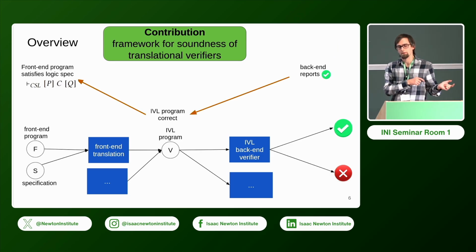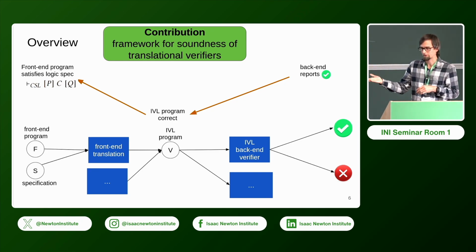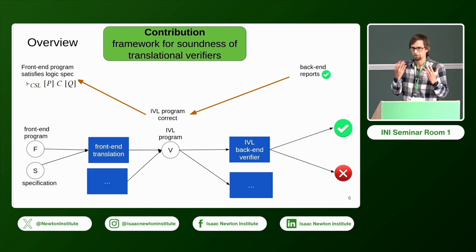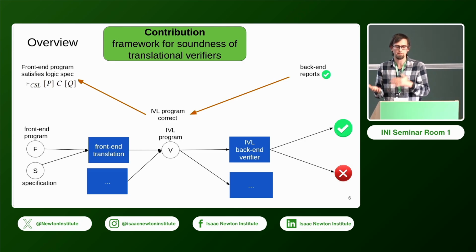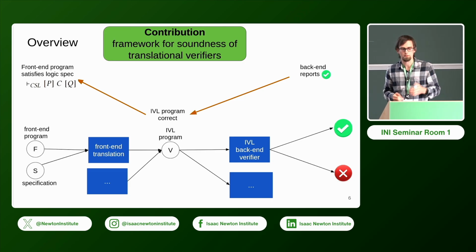So for the soundness proof, we're going to leverage the fact that we have an IVL program between the backend and the front end. We first say that the backend reports a correct verification, transform that into a fact that the IVL program is correct, and then from that construct a proof in the program logic of the front end.